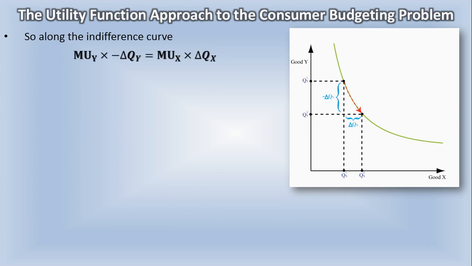So along the indifference curve, we know that the total utility has to remain the same, that it is constant. So therefore, as we're gaining some utility, that has to be equivalent to the amount we're losing. So if we now solve for our standard slope expression of a curve, which is the change in y over the change in x, we can divide both sides of this by the change in Qx, and then isolate our change in Qy by dividing both sides by the marginal utility of y.